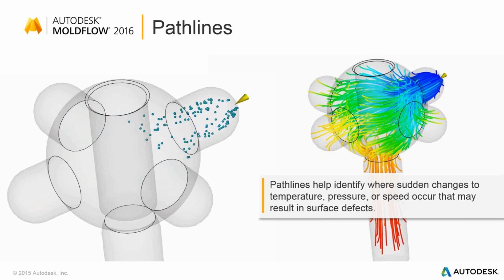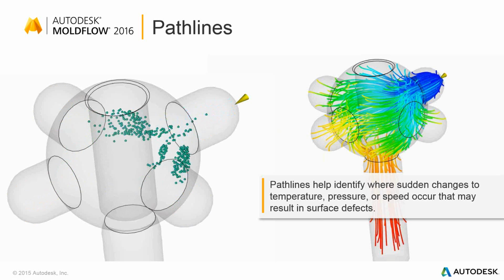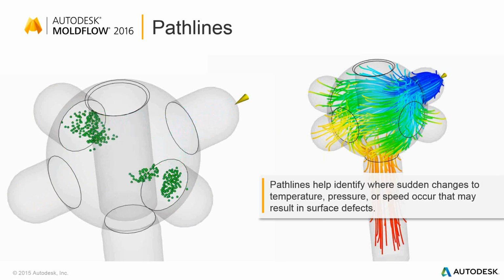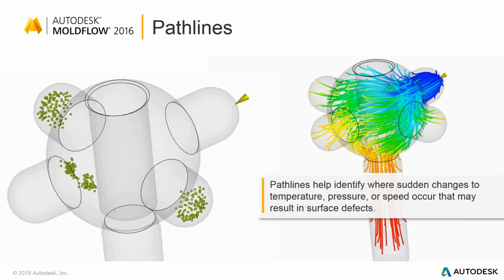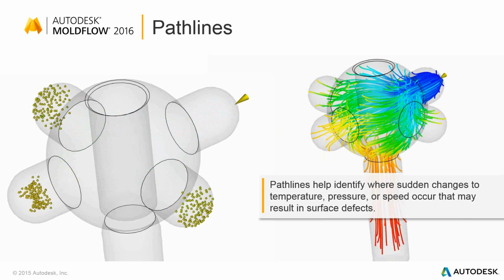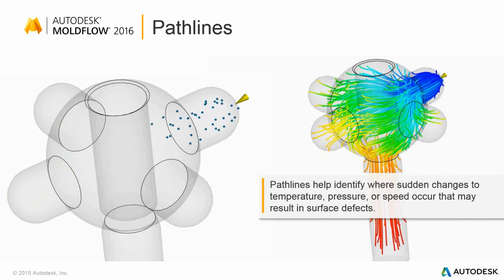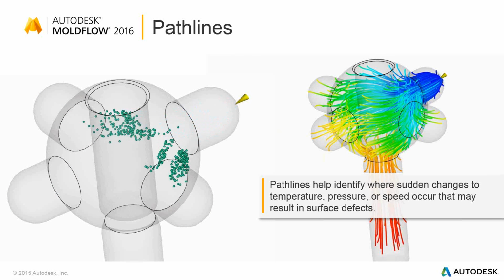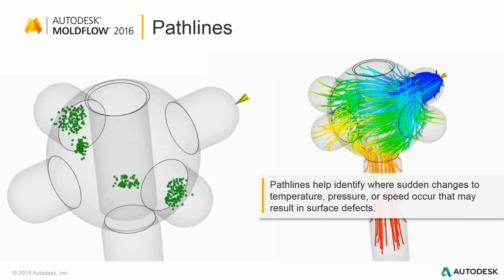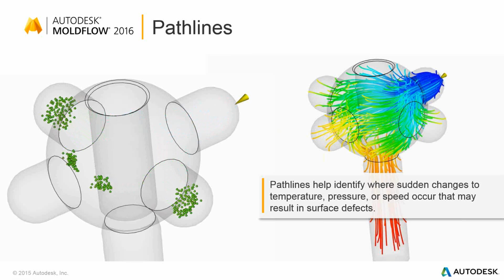And it helps you trace back, if you see a visual defect on the surface of your part, where the defect may be coming from, because the defect might be on the surface somewhere, but the actual underlying cause of why the defect occurred might have been picked up during how the plastic arrived at that particular area.